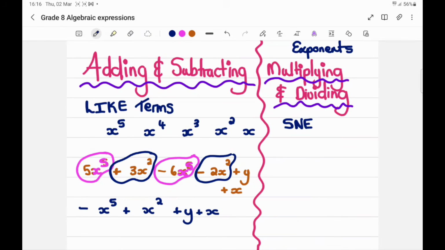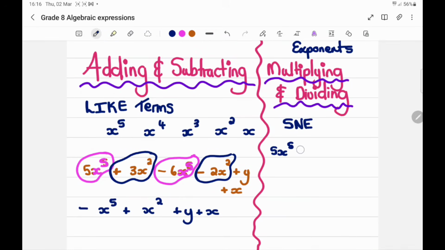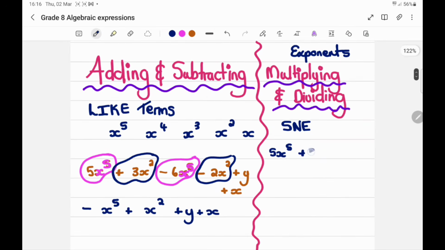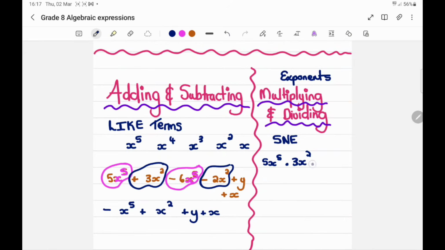Now when we multiply and divide, I'm going to take exactly the same sum. 5x to the power 5 multiply with 3x squared, multiply with 6x to the power 5, multiply with 2x squared, multiply with y, multiply with x.